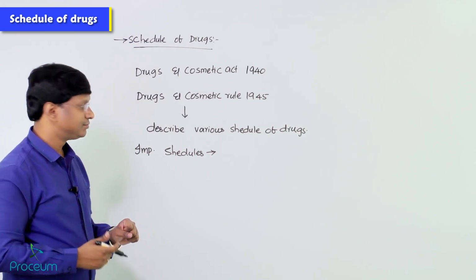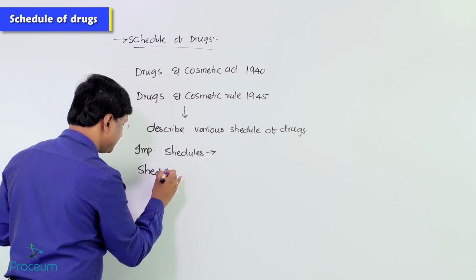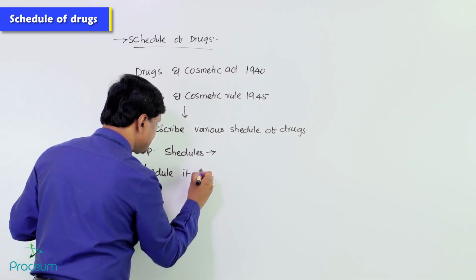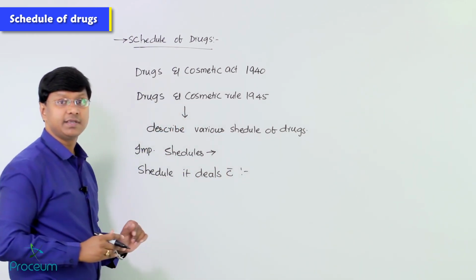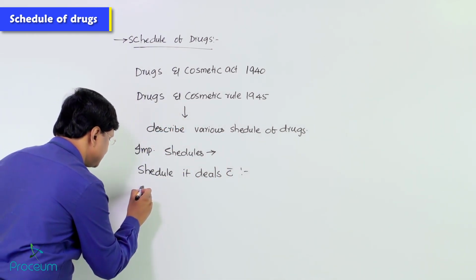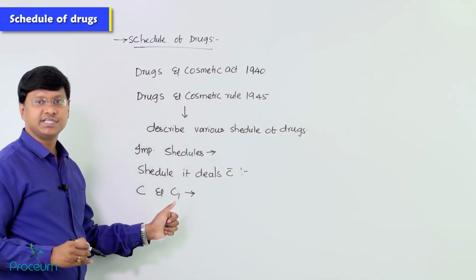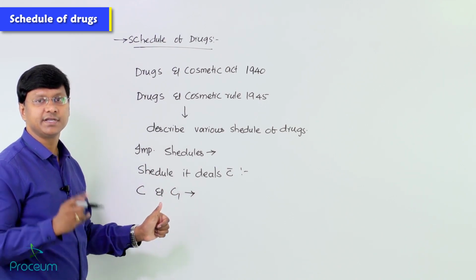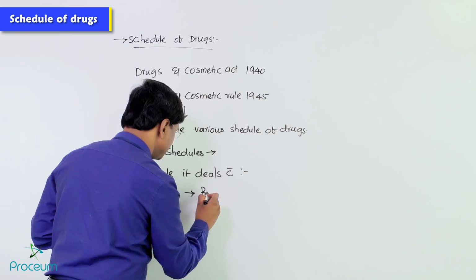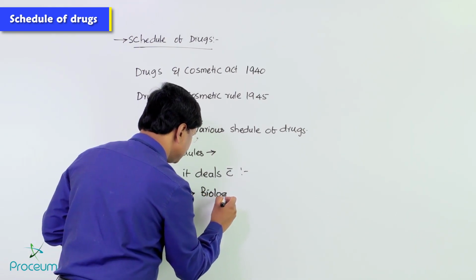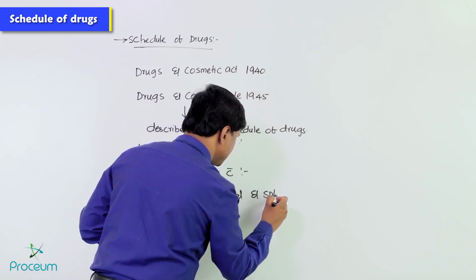The schedule C and C1 deals with biological and special products.